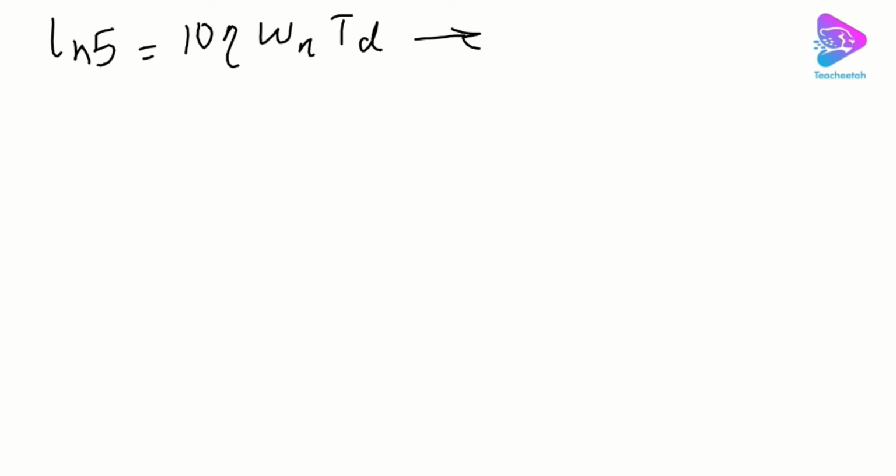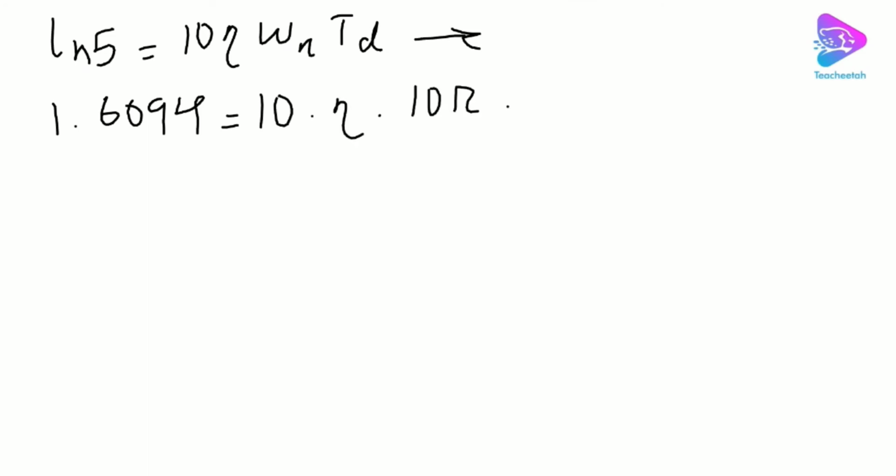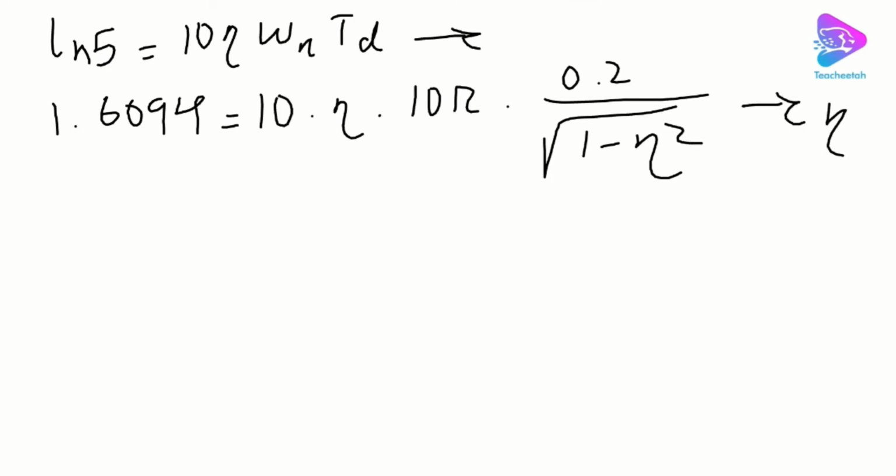So ln of 5, which is 1.6094, is equal to 10 times zeta times omega n, which was 10 pi, times tau d, which we found as 0.2 over the square root of 1 minus zeta squared. Let's look at this equation. The only unknown variable is zeta, so we can simply find zeta out of this equation, right?